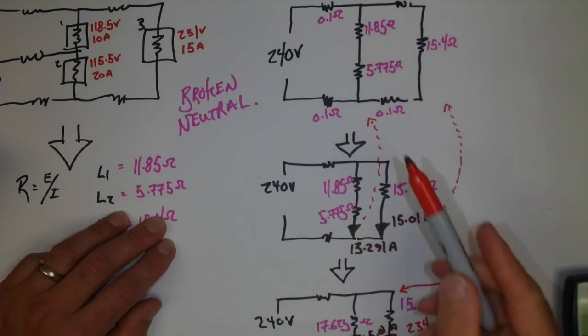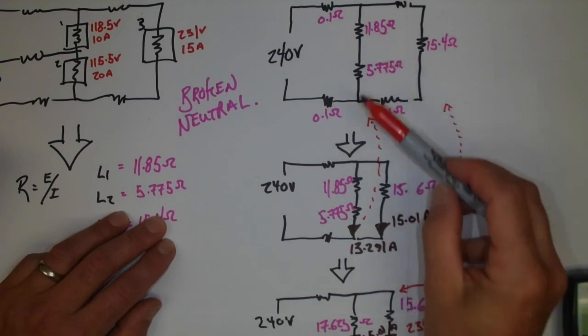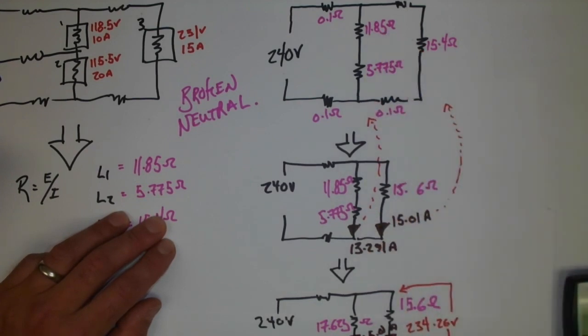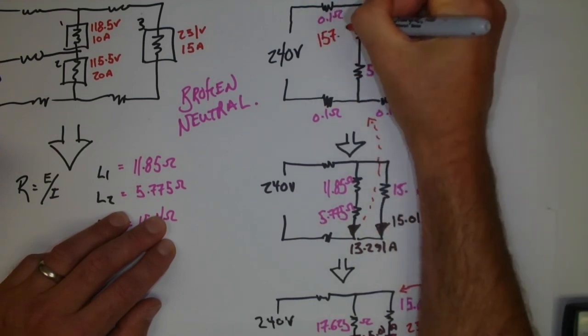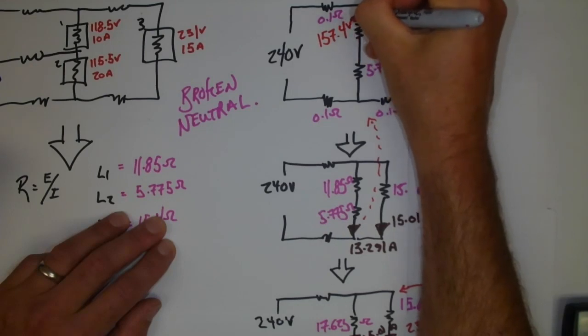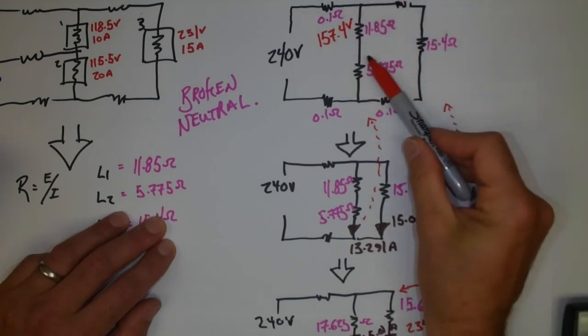So let's do the first two loads, work out the voltage across them. The voltage of my first load here is the current multiplied by the resistance. 13.291 multiplied by 11.85, 157.4 volts. What about the voltage across this one?